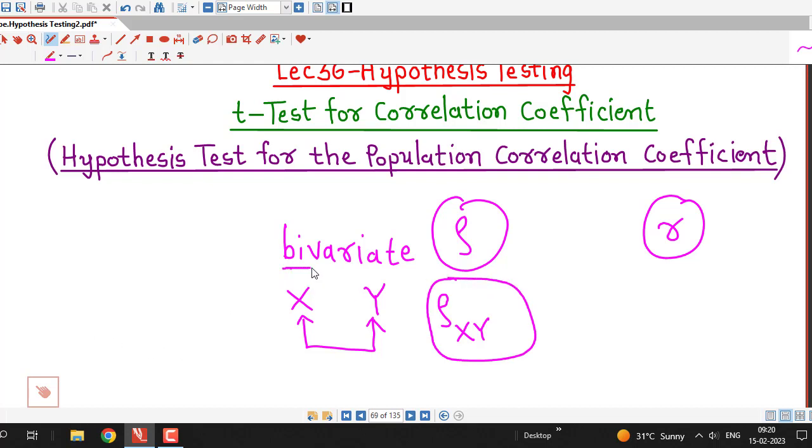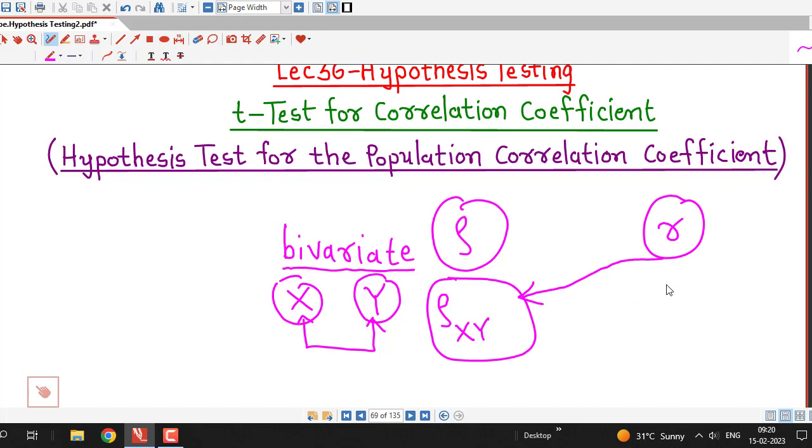But sometimes it is not comfortable or not possible to find this correlation coefficient for the population. For the population, we have to find the values of X and Y for each and every object under consideration. So if it is not possible or not convenient, then we use the sample correlation coefficient to draw inferences about the population correlation coefficient.